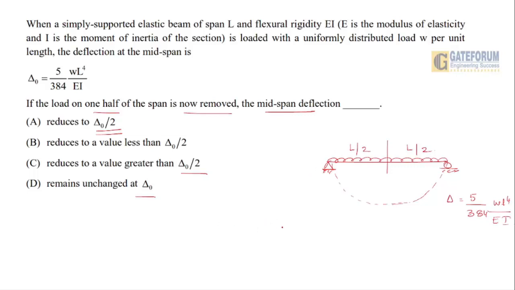So when we talk about the condition, uniformly distributed load is this. So you'll have a span of L by 2. The same happens onto the other one. So a mirror case, that is nothing but if I want to write in this way.